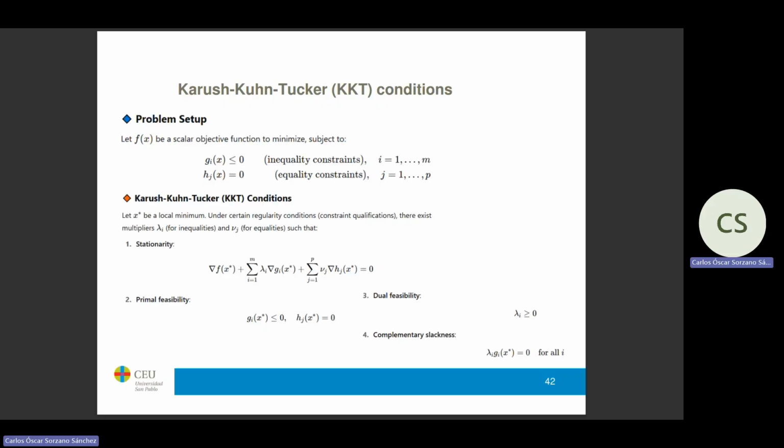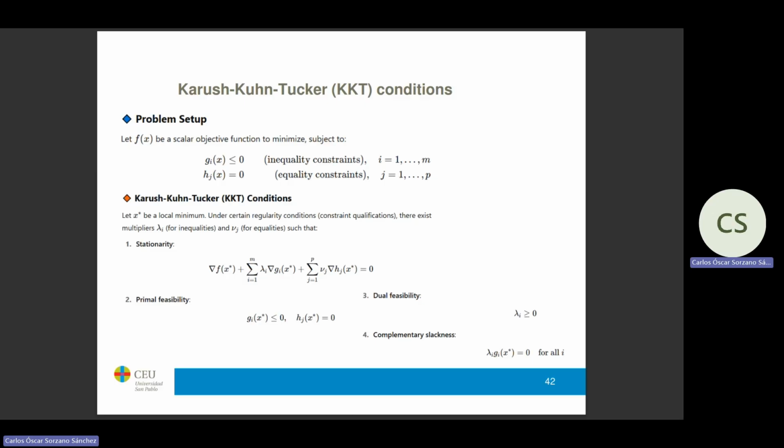Then this is the most general setup, in which we have a function to minimize, some inequality constraints, and some equality constraints. We will not see the derivation of that, but now we will have some conditions similar to the Lagrangian. So what we have now is this equation.